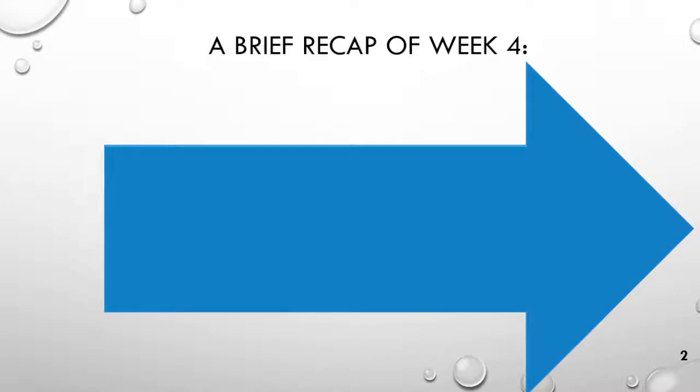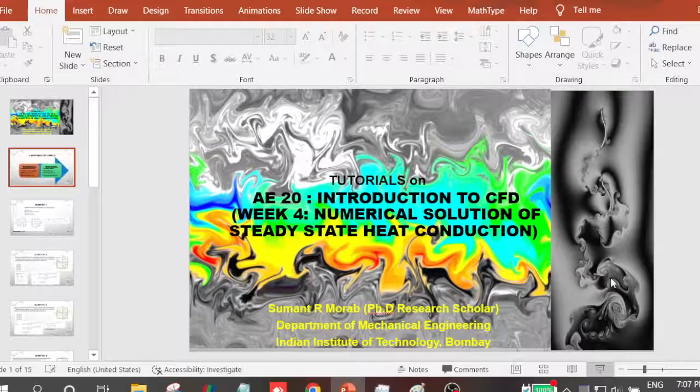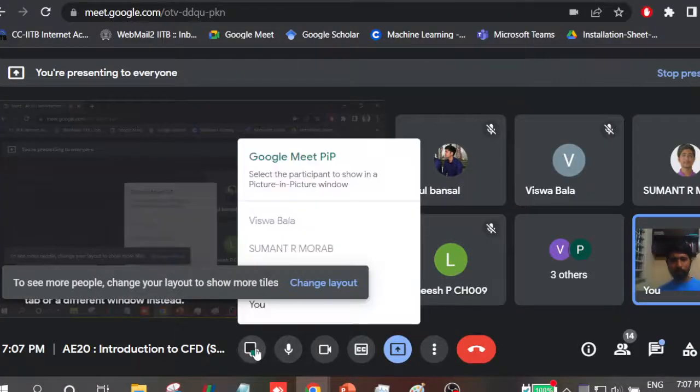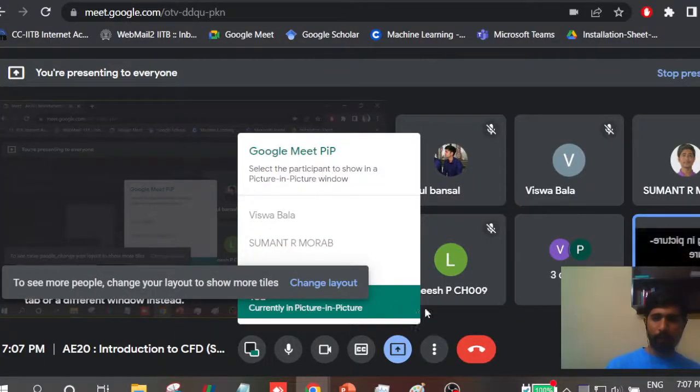So again, let me give a brief timeline. Okay. So we started with the governing equations in computational fluid dynamics in week number 2. Okay. So mainly the steps followed are, first you create the geometry, then you discretize the domain. Okay. That is the main thing which you do in CFD.